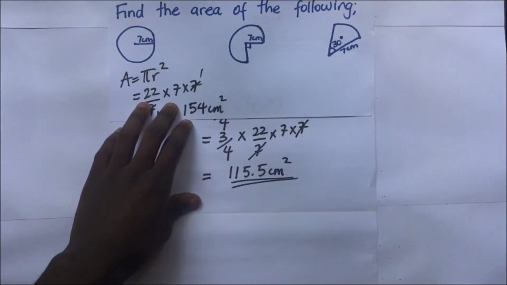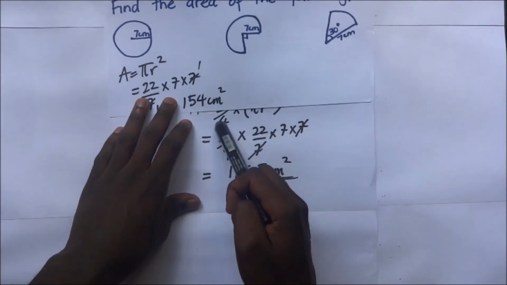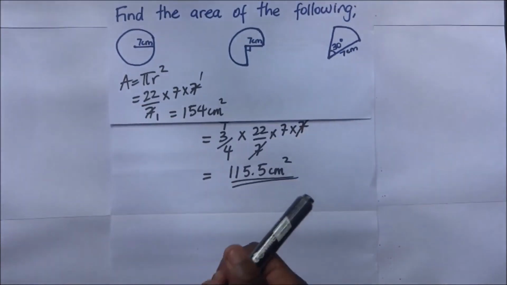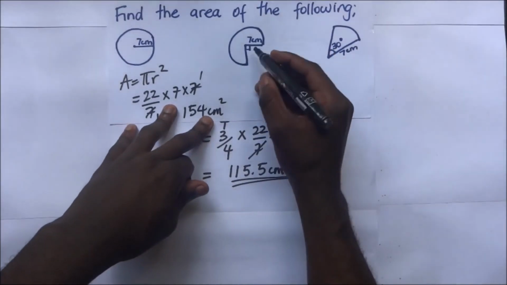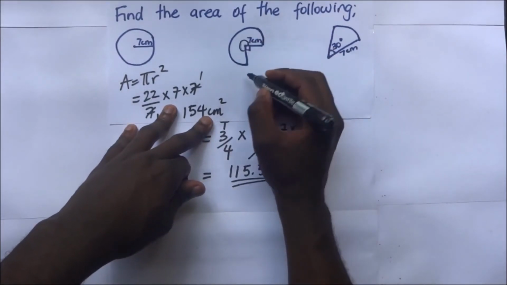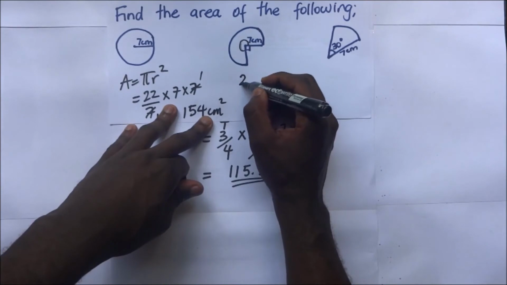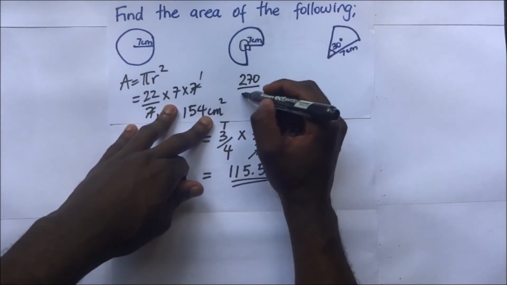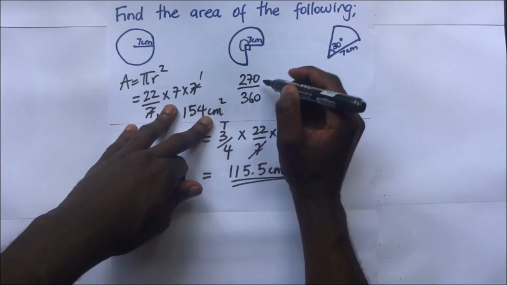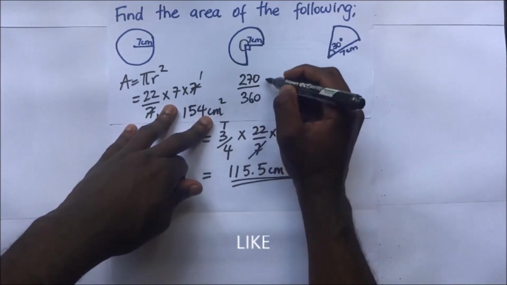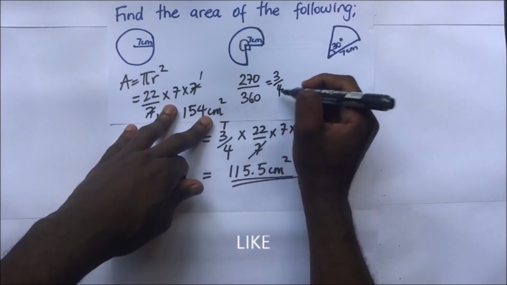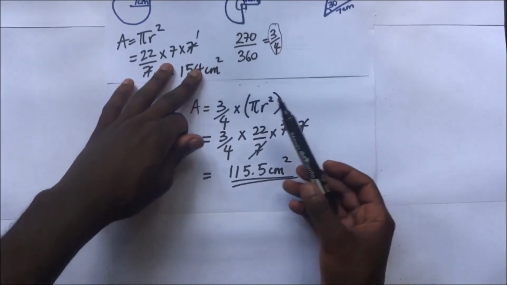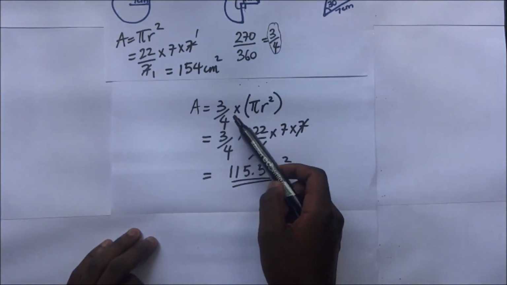So to get this 3/4 as the fraction of this circle, it was the same as saying that the fraction is going to be 270 divided by 360. And 270 divided by 360 gives you 3/4. And so, having known the fraction of this, that is how we started it off, by saying it's 3/4 of the whole circle.